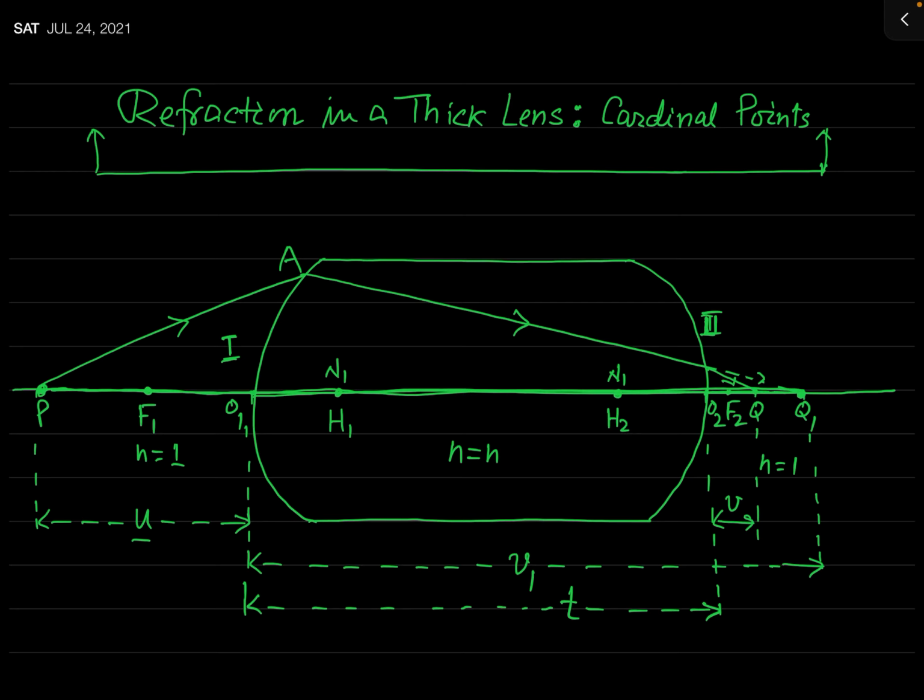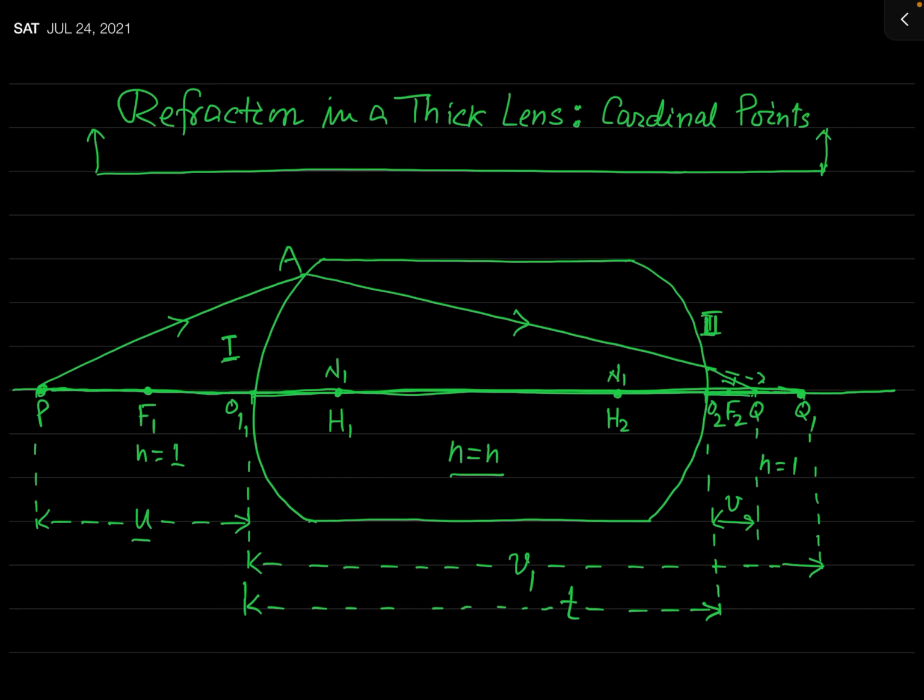For this object Q1, Q is the image, so O2Q is the image distance for the second surface. I have also assumed that the refractive index of the material of this thick lens is n.